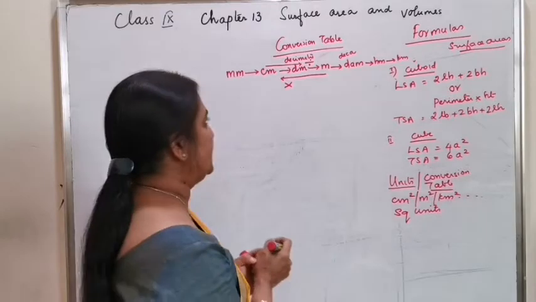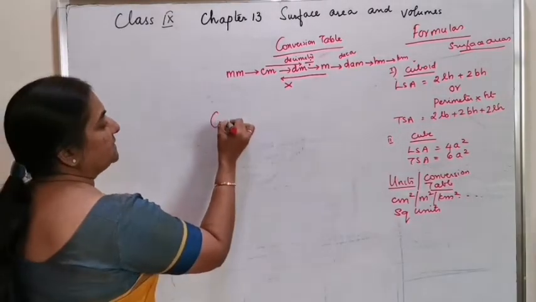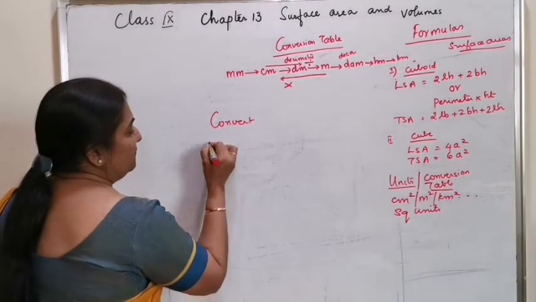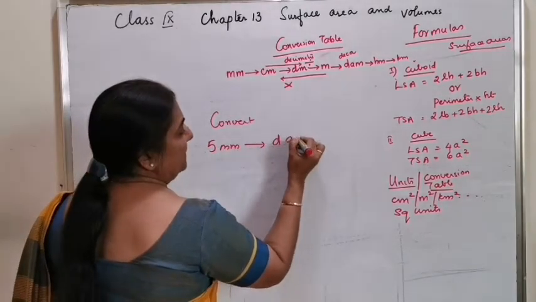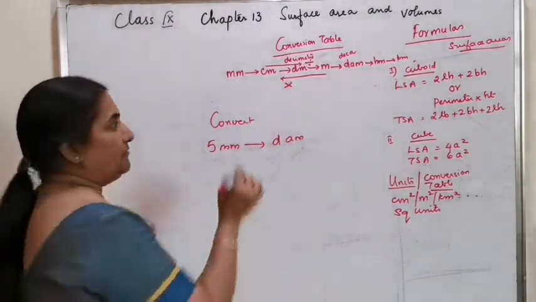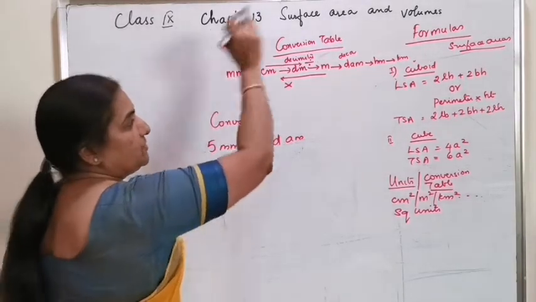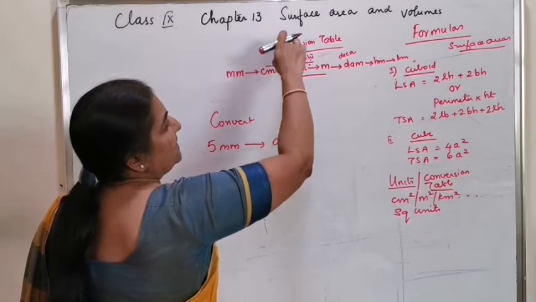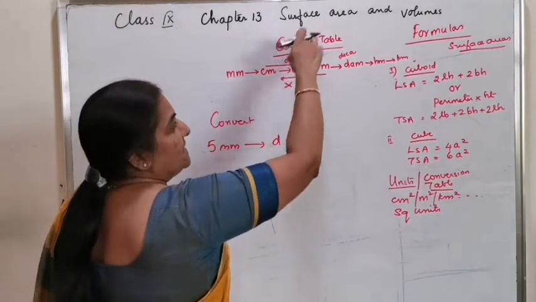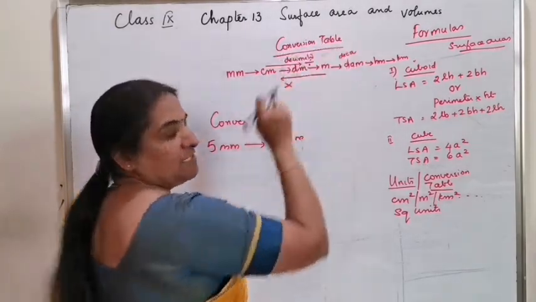Let me give you an example: convert 5 millimeter to decameter. If you see here, millimeter to centimeter, centimeter to decimeter, decimeter to meter, and meter to decameter.